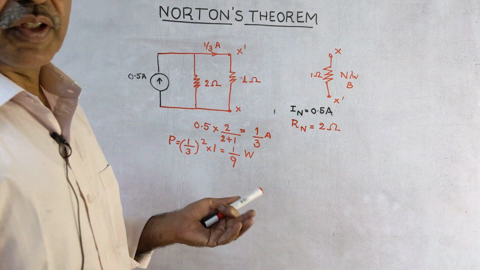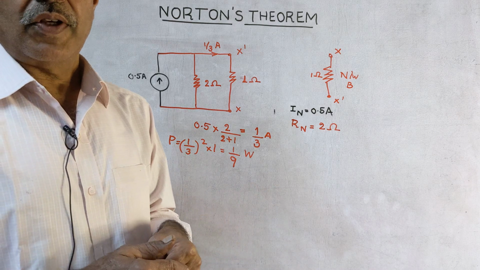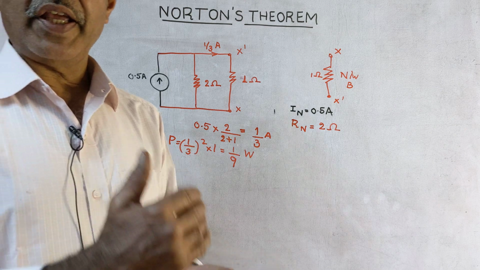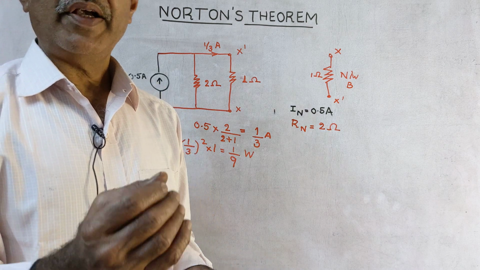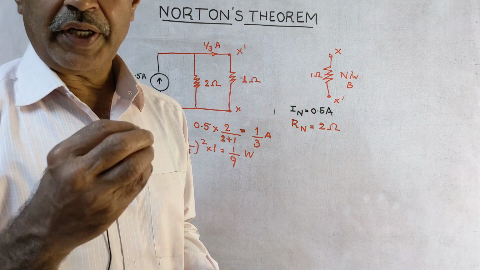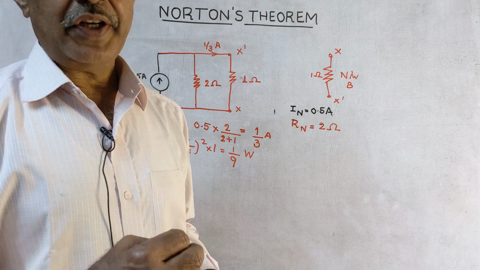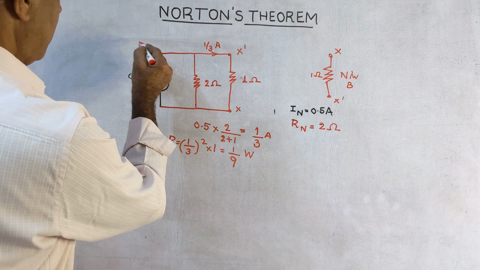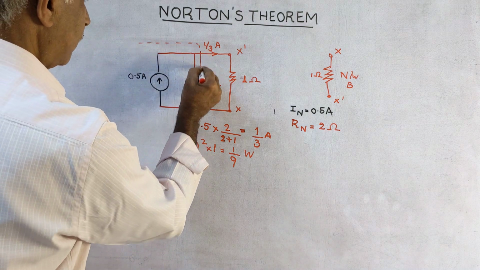So Norton theorem. As usual, we have to divide the network into 2, network A and network B. Then between the 2 terminals, we have to create a short circuit and find the short circuit current or Norton current. And this is Norton's equivalent.